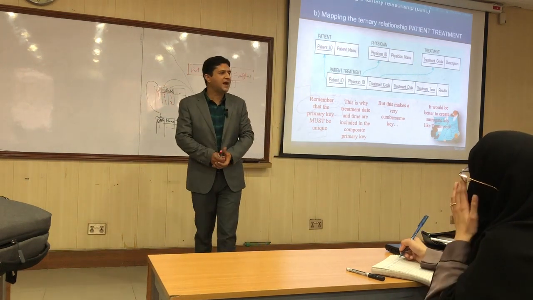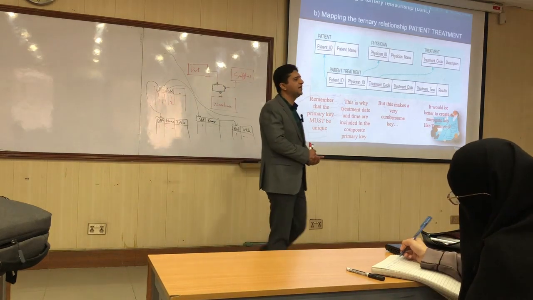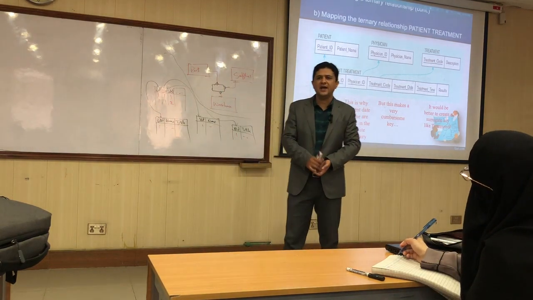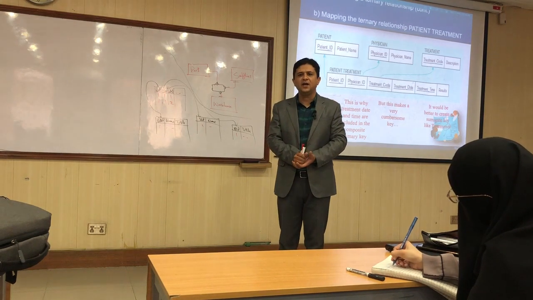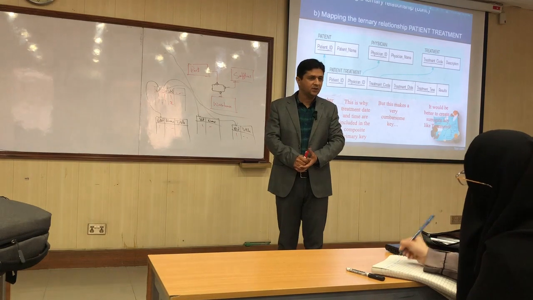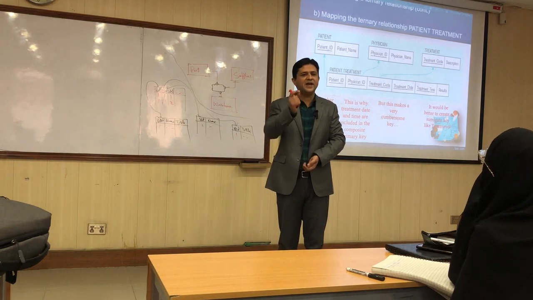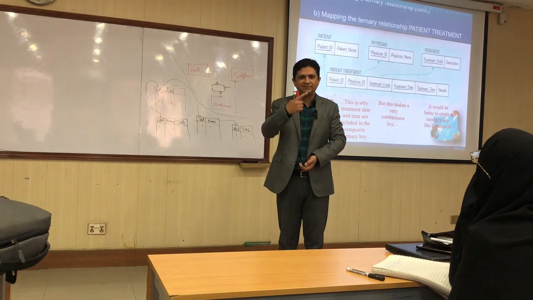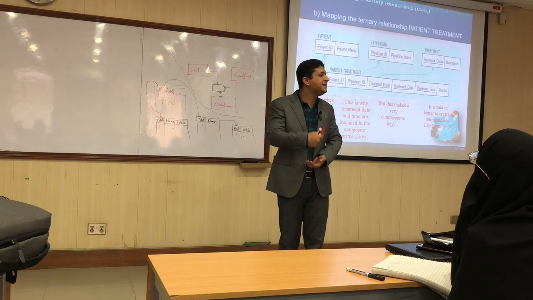For example, if you are working in SQL Server, you can add a column to the relation and set the type of that column as an identity. That would be a numeric value, but whenever a new row is added, the value is automatically incremented.